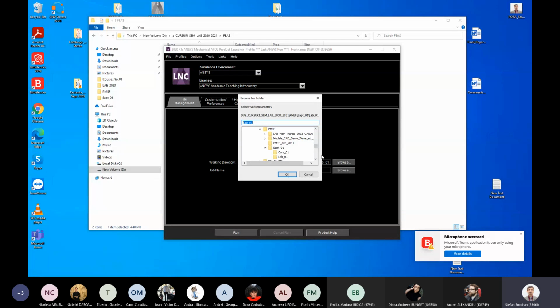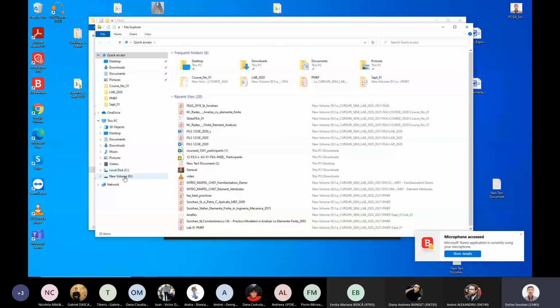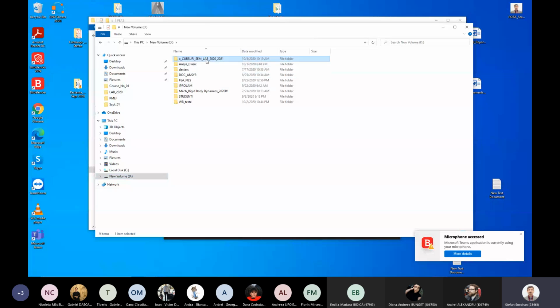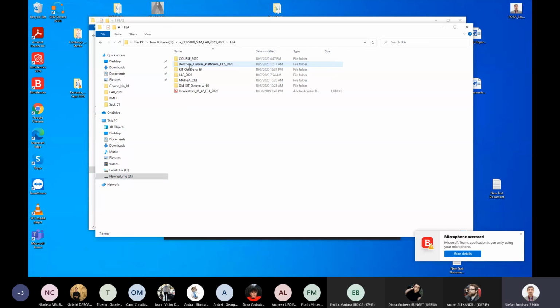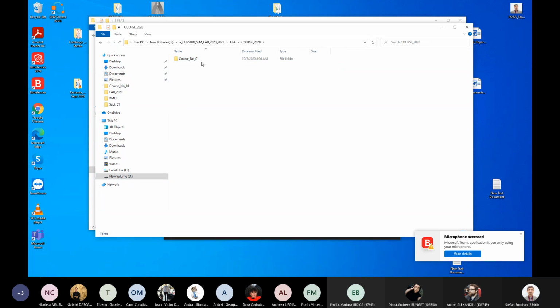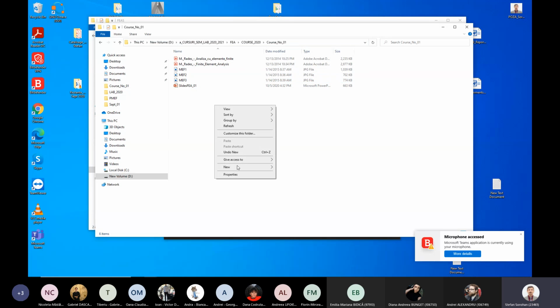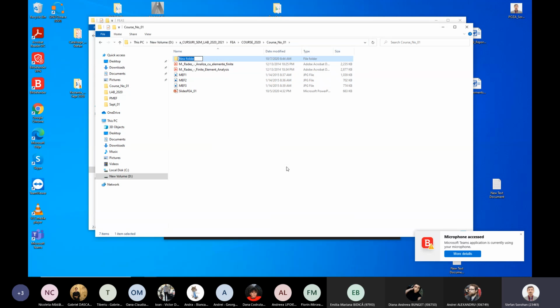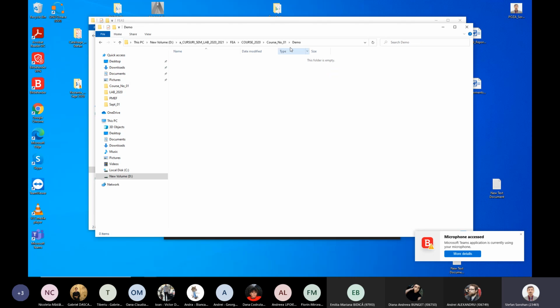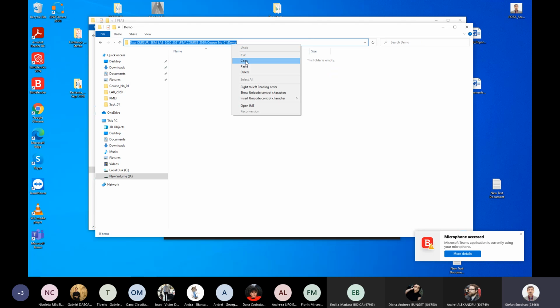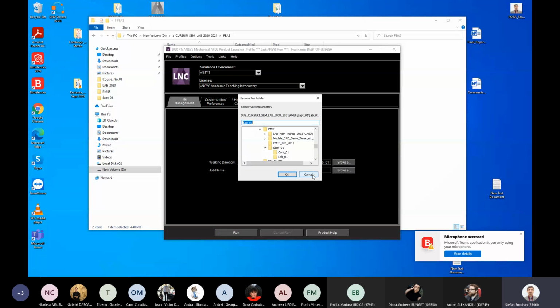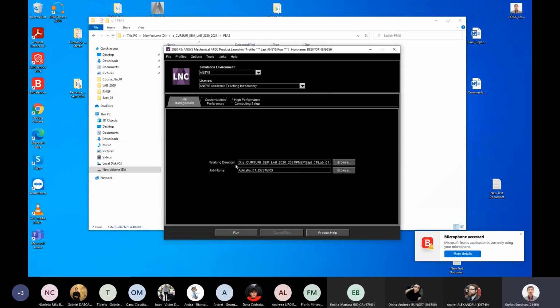Let's say in this directory, I will define a new directory, demo, and I will put this model exactly here in this work directory.